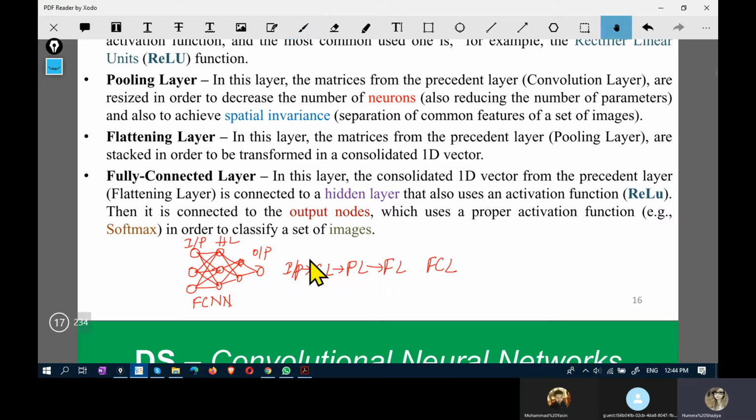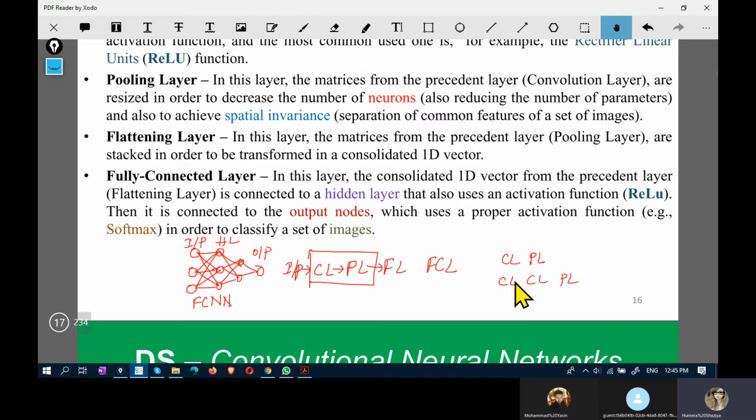Here one more point you have to remember. This convolutional layer and pooling layer may occur in any number, and it is not necessary to have one convolutional and one pooling. You can have two convolutional layers and one pooling layer. These are all design issues, design concerns.